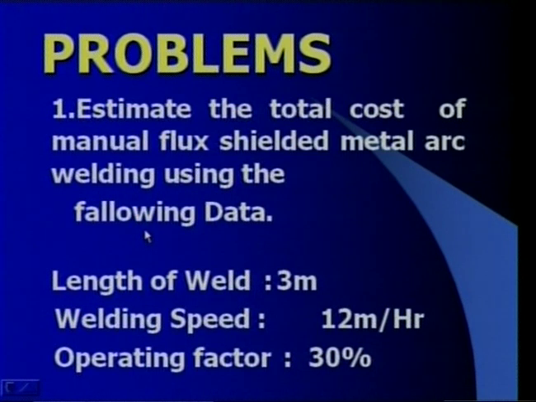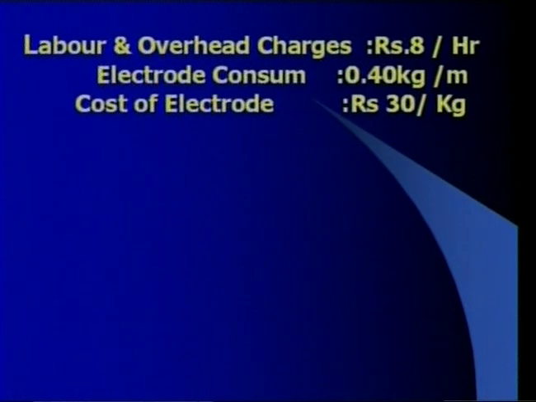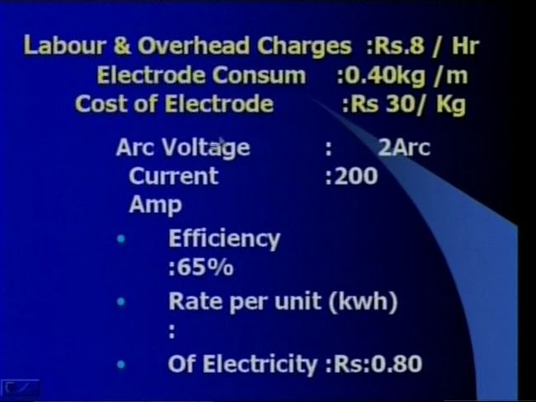Length of the weld is 3 meters, welding speed is 12 meters per hour, operating factor 30%, labor and overhead costs charges 8 rupees per hour, then electrode consumption is 0.4 kilograms per meter, then cost of the electrodes is 30 rupees per kilogram, and arc voltage is 2.